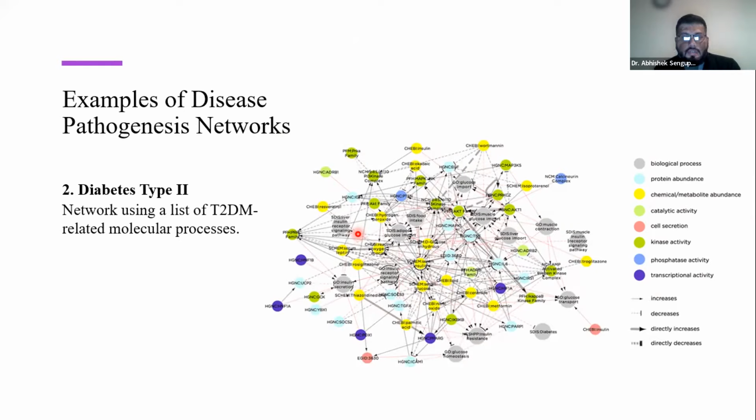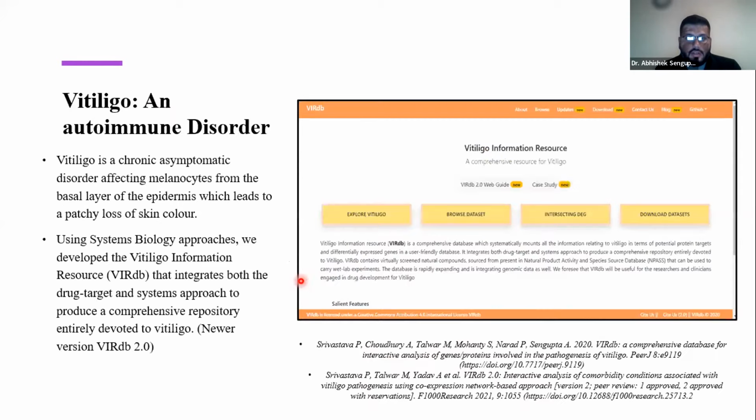The various activities have been represented by these various nodes and edges, right? The edges here show whether it is increasing the activity or decreasing the activity, directly increasing, indirectly increasing, or directly decreasing the activity. So all these connectivities can be explained. This is basically understanding the whole diabetic process, the type 2 diabetes model.